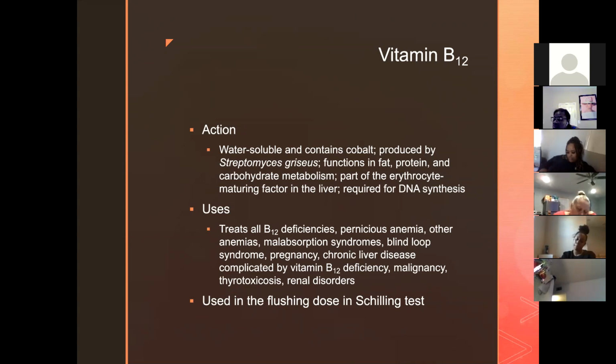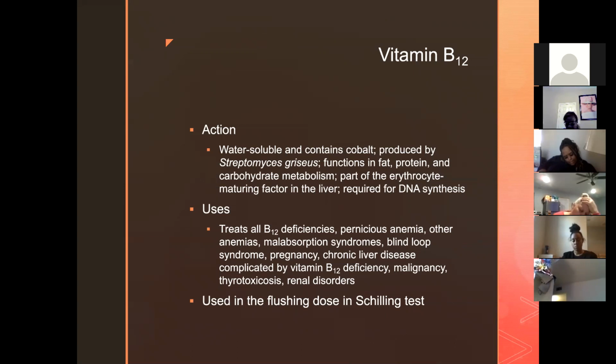If your patient is deficient with B12, you will notice them having pale yellow skin. They might have some mouth ulcers. They might have some disturbed vision. They could be irritable, depressed.